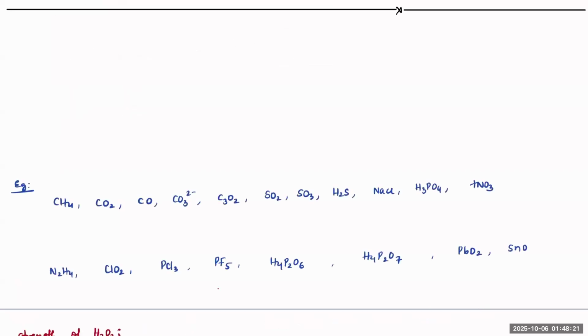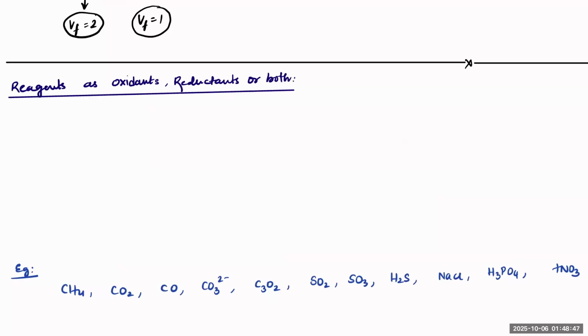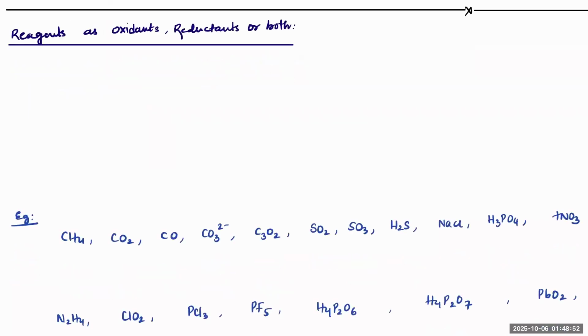The next part is understanding reagents as oxidants, which means oxidizing agents, reductants, or both. Got it? If you have to figure out whether the reagent is oxidant, reductant, or both, then how do we notice?